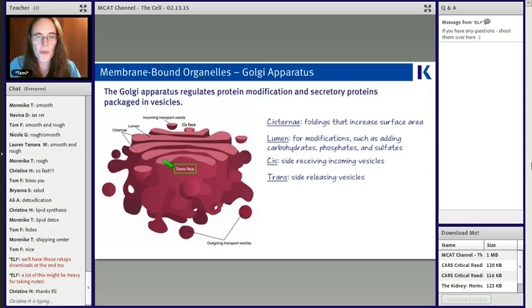After it's gone through the lumen, after it's created and modified everything it needs to, this is the side where the Golgi apparatus says, okay, I modified it, I just packaged it into a nice vesicle, and this is where the FedEx part comes in. Now that I've got you prettily packaged, I'm going to send you off to wherever you need to go. So cis means it's on the same side, coming from the ER, and the trans face is going to be leaving the cell.